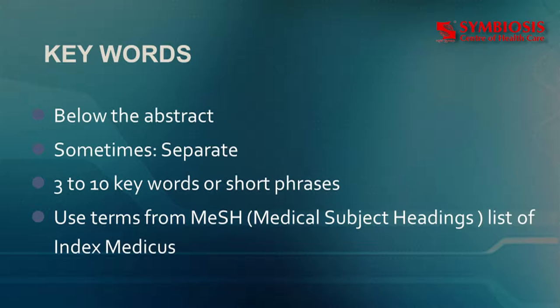For example, in the Index Medicus, the Medline database, they use MeSH, that is Medical Subject Headings, as keywords to identify the articles. So one has to select keywords quite seriously, so that by using the keywords people should be able to locate your article. That is the importance of keywords.